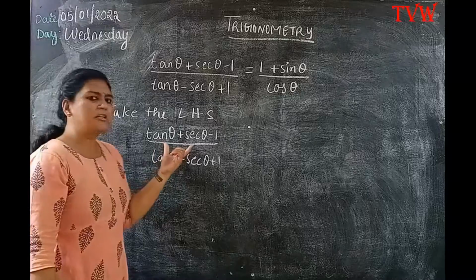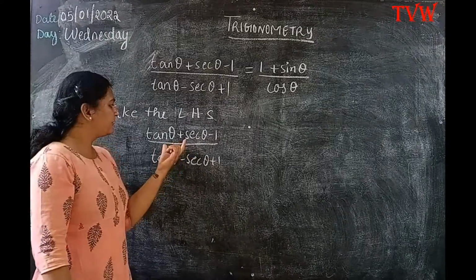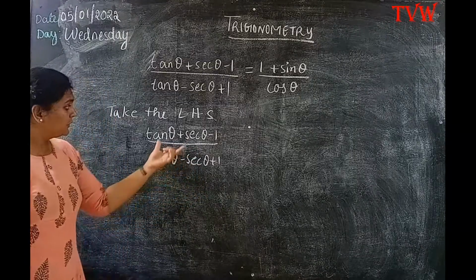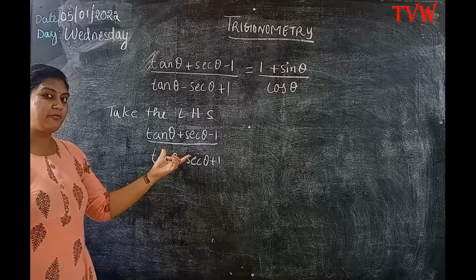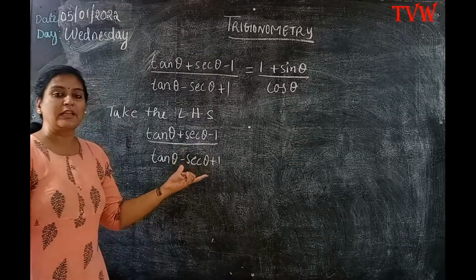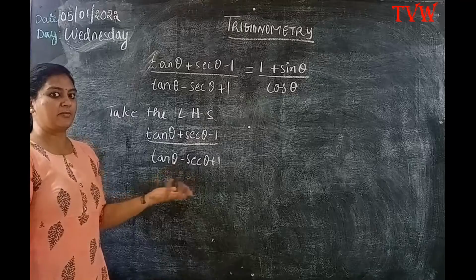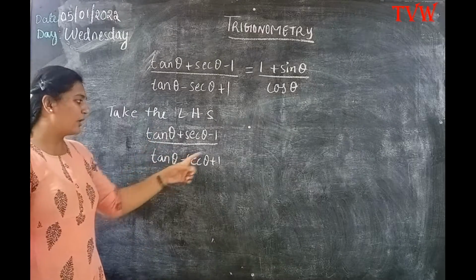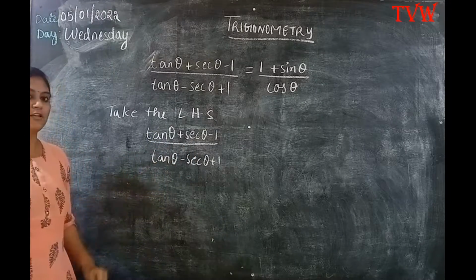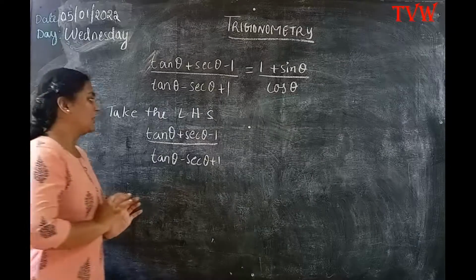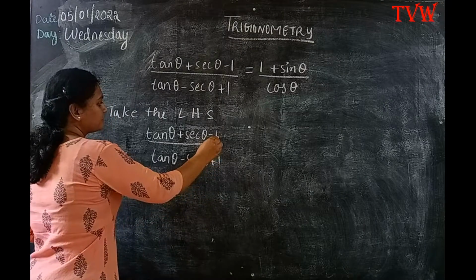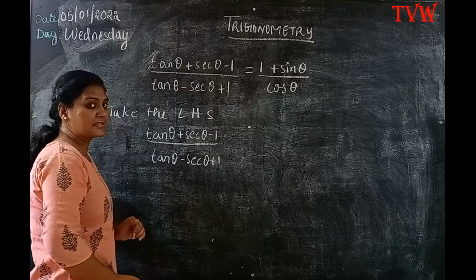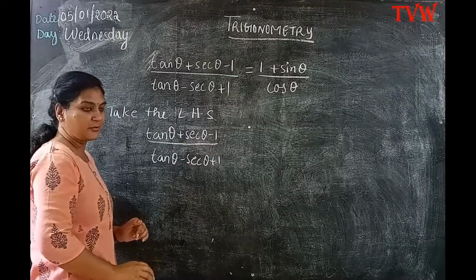Now, I'm a little bit confused here because usually if there are two terms or three terms, I see if I can use a formula like (a + b) whole square or (a - b) whole square. But there are no squares here. So this is where I need to use my memory, that this 1 can be written as secant square theta minus tan square theta.